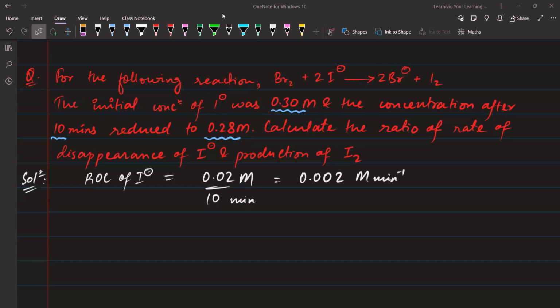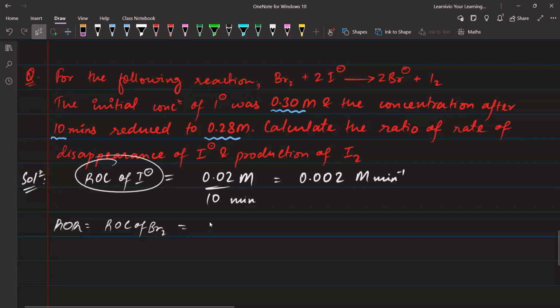Actually, now you don't need delta I2. Now you have the rate of consumption of I negative. See, the rate of reaction will be rate of consumption of I negative by 2. Does it make sense, yes or no?